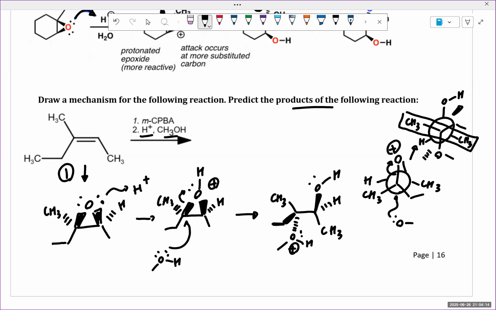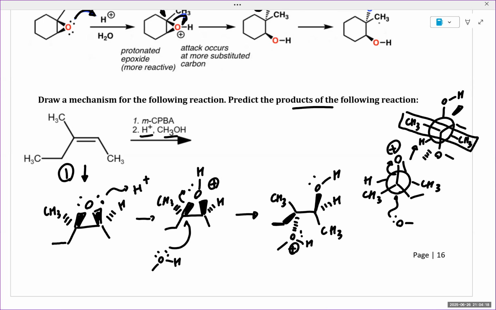You can also make a model to verify this. I just wanted to provide you a justification and another method to help visualize stereochemistry beyond just drawing the lines, noting that the alcohol and installed methanol group are on opposite faces, and assigning dash wedge from there.